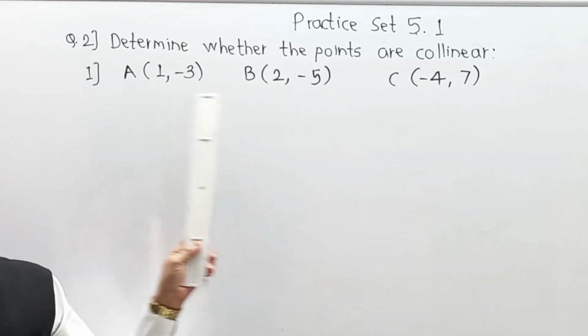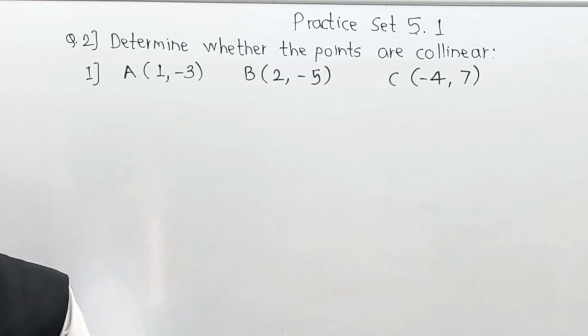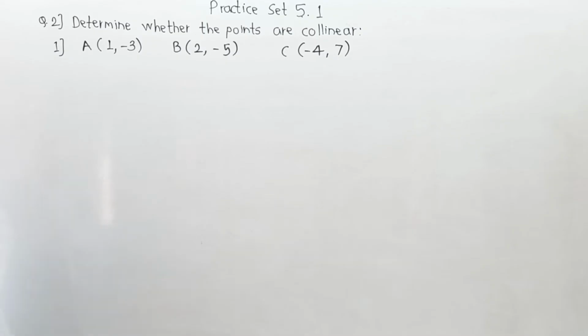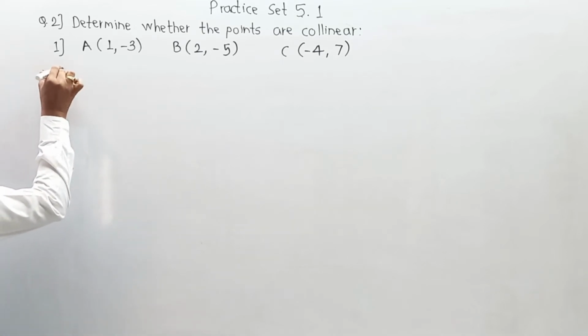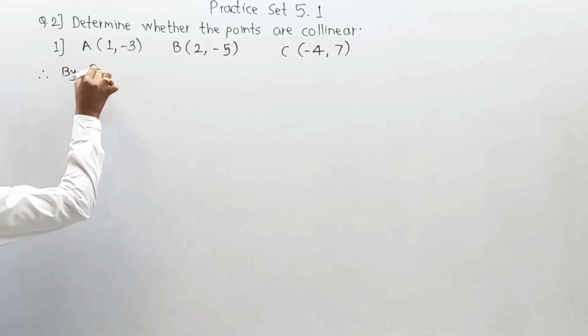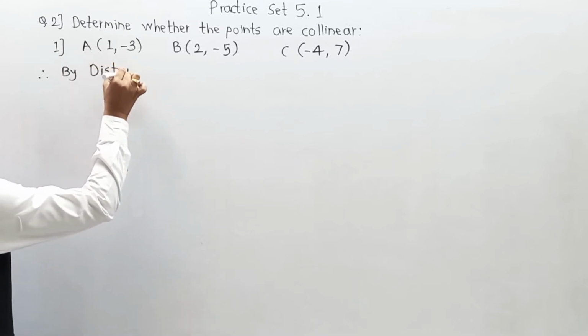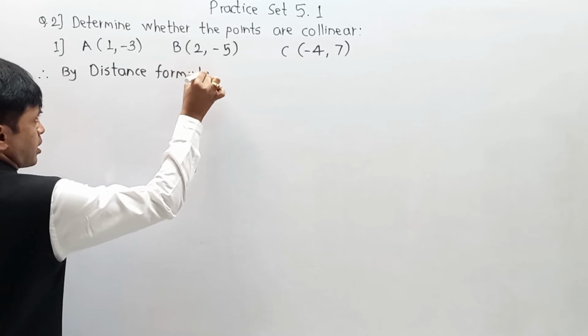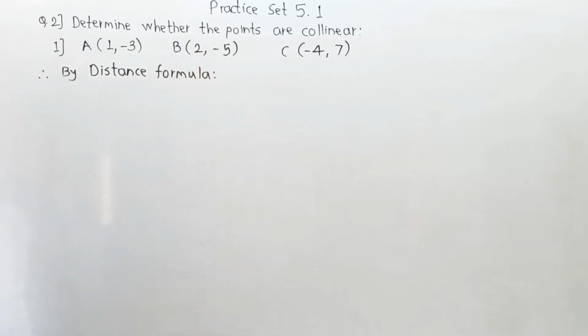And if the addition of two distances is equal to the third, then we can say that these 3 points are collinear. And if it is not true, then we can say that these points are non-collinear. So now, by the distance formula, we have two choices.